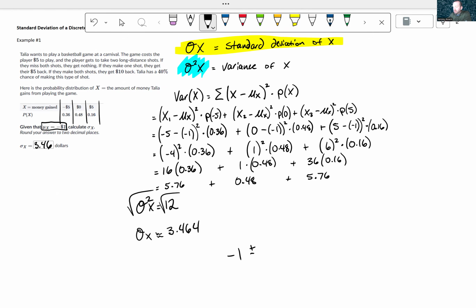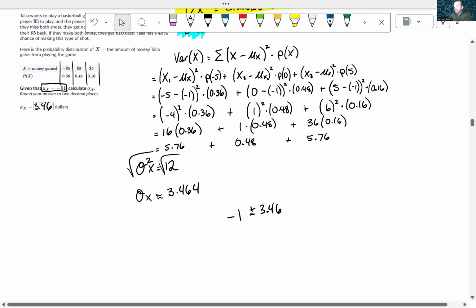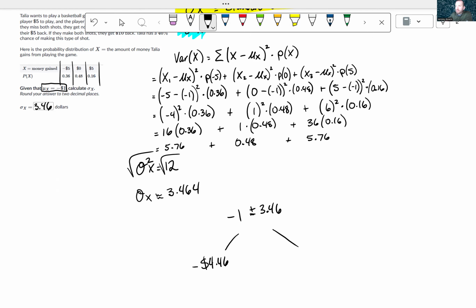One standard deviation is 3.46. So we can expect our results to be about -$4.46 or $2.46 each game. So that should be our range of values that we would expect to get in this game.